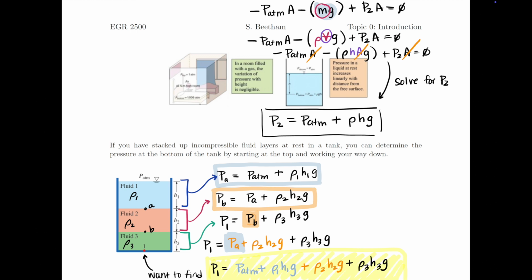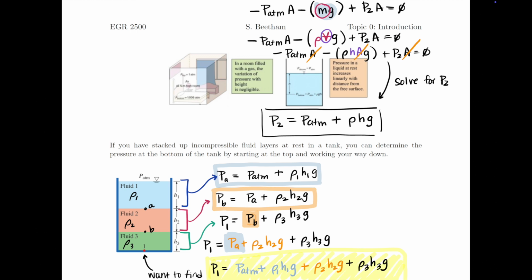Okay, so I have P1 is equal to PB, which is PA plus rho 2 H2G plus rho 3 H3G. Okay, so we're a little bit closer, but we still have PA in here and we don't know that one. That's not in terms of the quantities we know.